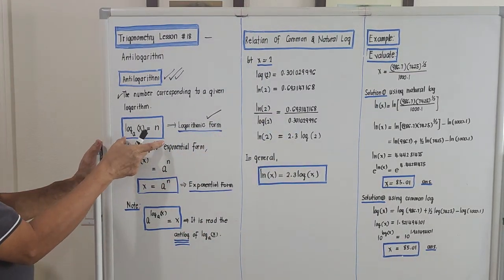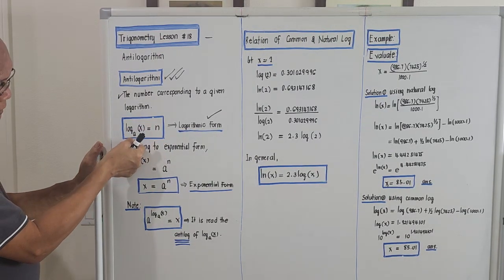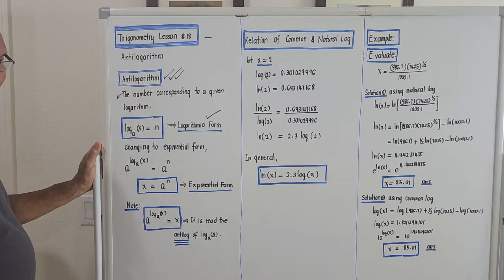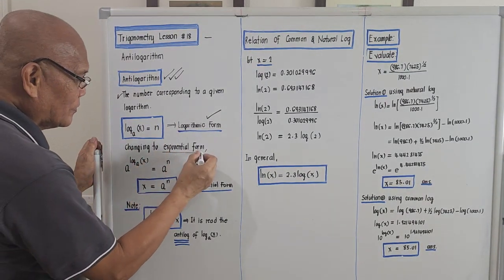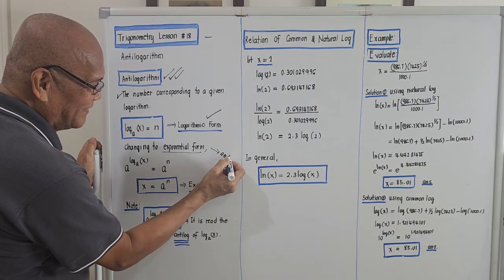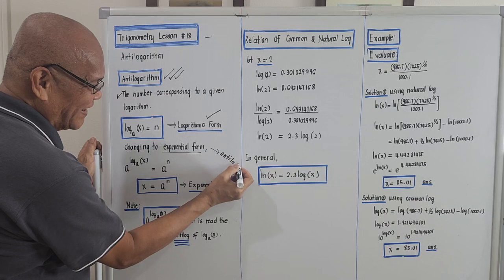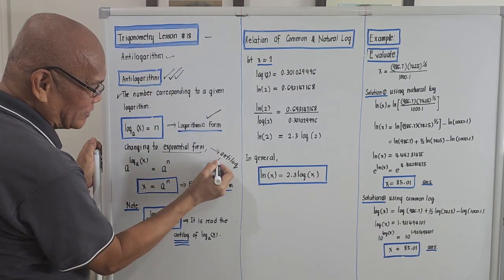We start with this: the logarithm of x with the base of a is equal to n. Changing to exponential form, or meaning to say, take the antilog of both sides.